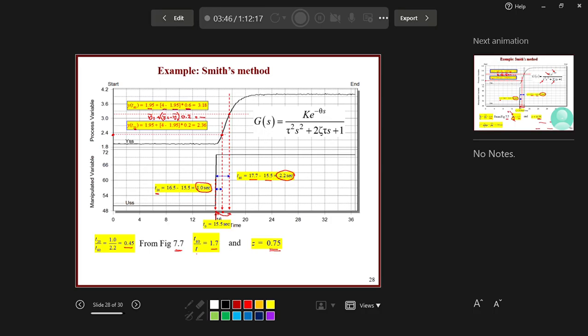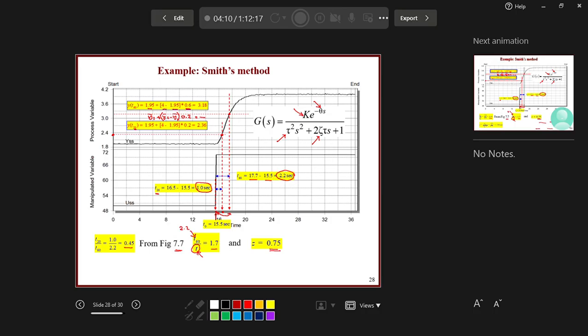Now to calculate tau, I know T60 is 2.2. So from this I can calculate the tau. I have now tau and zeta, so I completed the evaluation of the 4 model parameters. Then I can just substitute here.